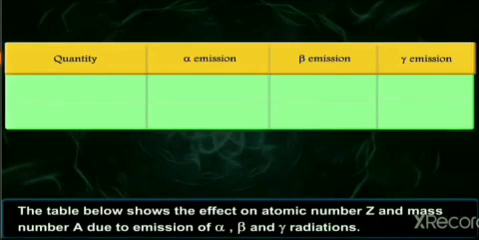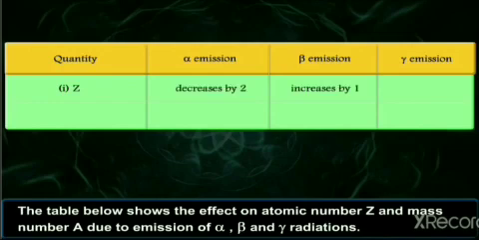The table below shows the effect on atomic number Z and mass number A due to emission of alpha, beta, and gamma radiations. First, the quantity Z decreases by 2 due to alpha emission, increases by 1 due to beta emission, and shows no change due to gamma emission.